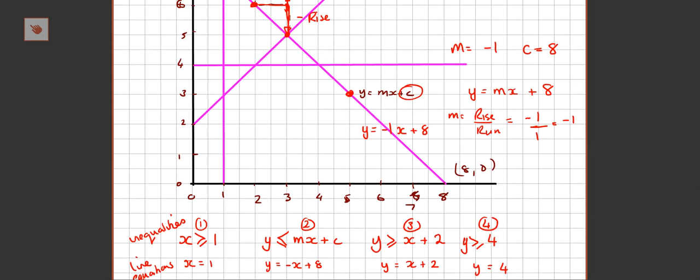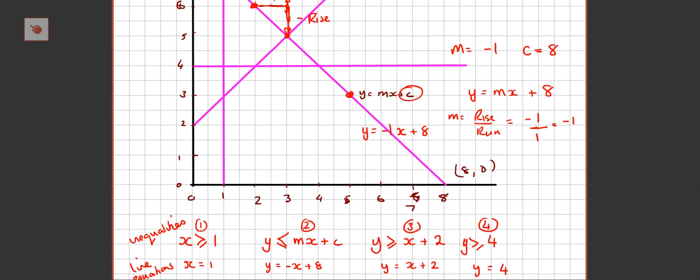Let's start with which line is the x equals 1 line. The pink up and down one. This is the x equals 1 line here. Now the inequality says I'm allowed only where x is greater than that line. If I'm travelling in an x direction, I get stopped at x is 1 and I can't go below it.